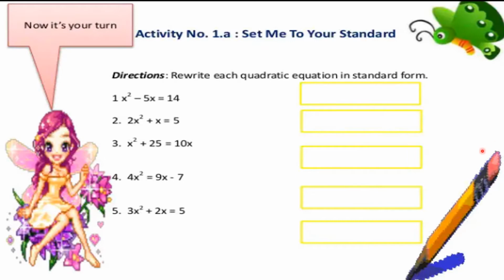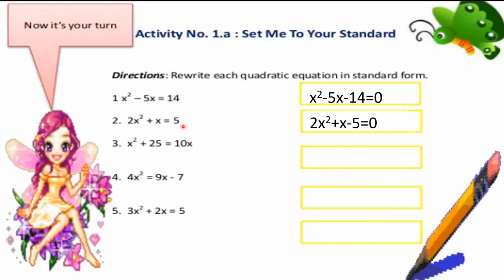Okay, so what is the answer in number 1? We have x squared minus 5x minus 14. Bakit, ma'am? Kasi yung 14, itatranspose mo lang sa kabila. So, yung positive magiging negative 14. Then, for number 2, we have 2x squared plus x.